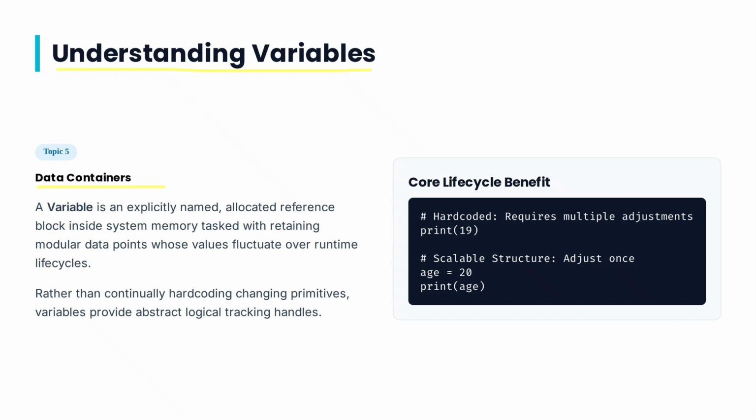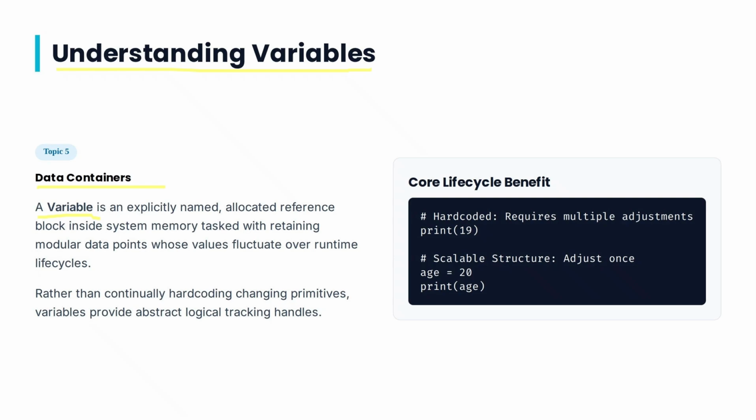Here it is written: a variable is an explicitly named allocated reference block inside system memory, tasked with retaining modular data points whose values fluctuate over runtime life cycles.